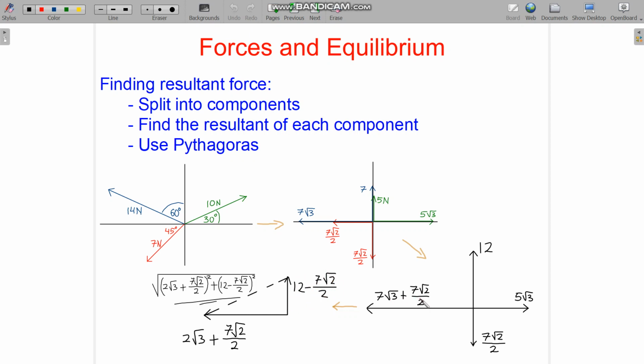When we subtract this longer force to the left and this shorter force to the right, 7 root 3 minus 5 root 3 is 2 root 3, so we have 2 root 3 plus 7 root 2 over 2. This is found using Pythagoras for the hypotenuse. You can also find the angle using inverse tangent, opposite over adjacent.